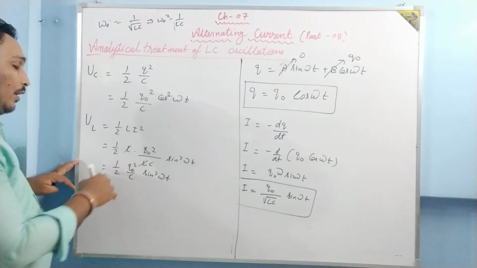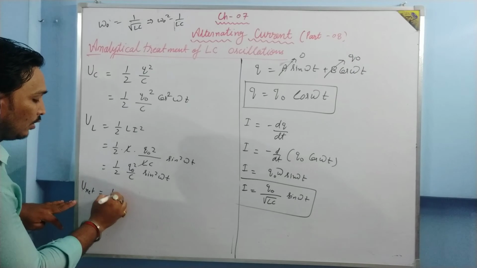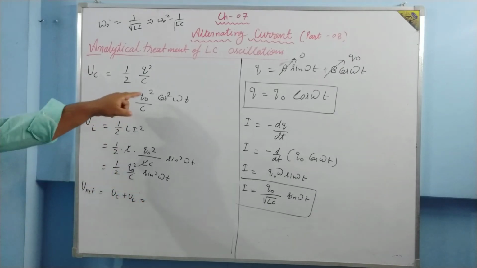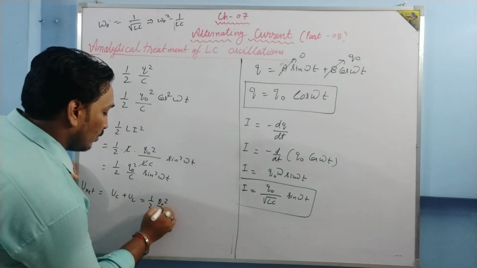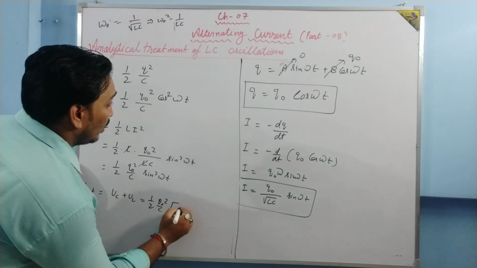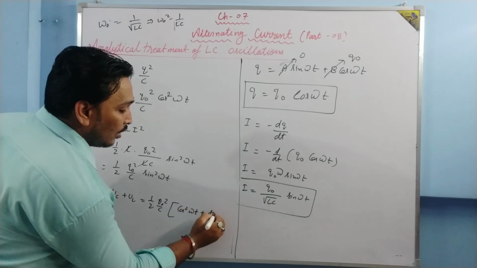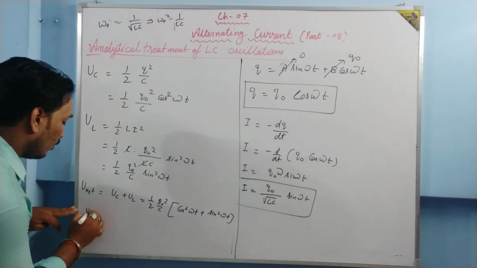At any point of time, if you add them, U net is equal to what? UC plus UL. So as you can see, half Q naught square by C you can take common. Above you will have cos square omega t, from below you will have sin square omega t. If you add them, what are we going to have? We are going to have 1.